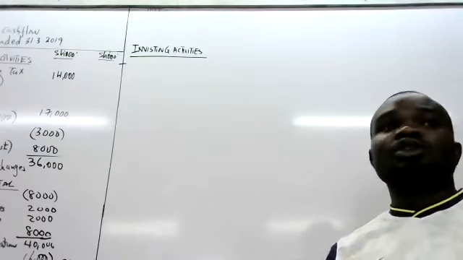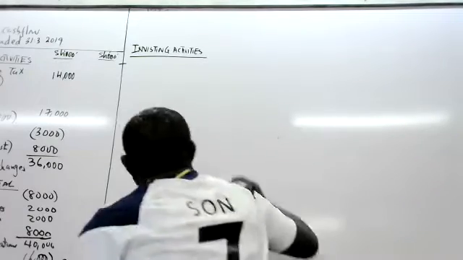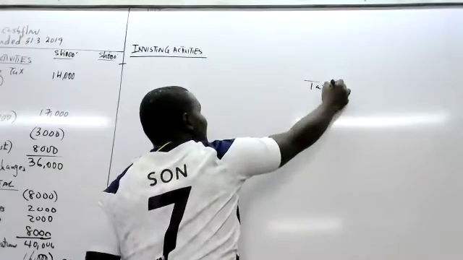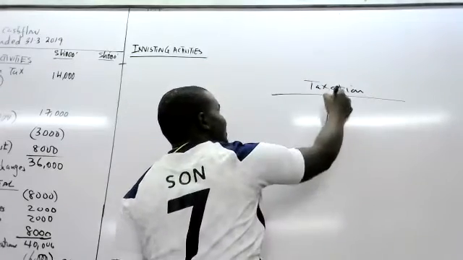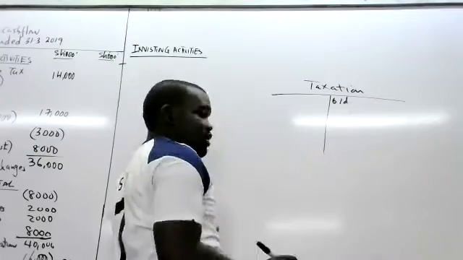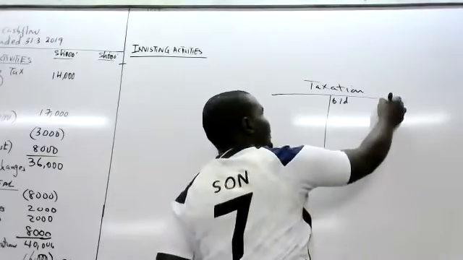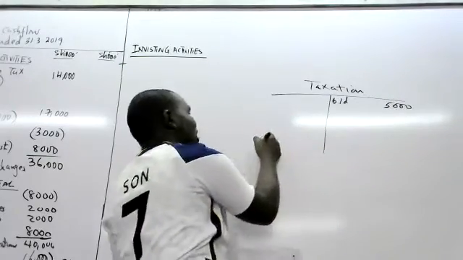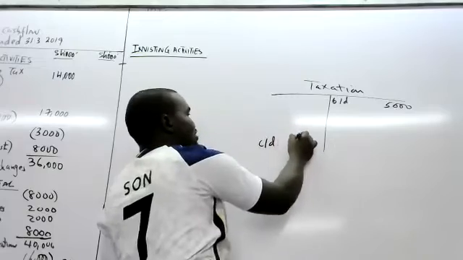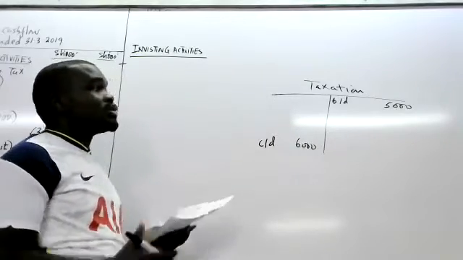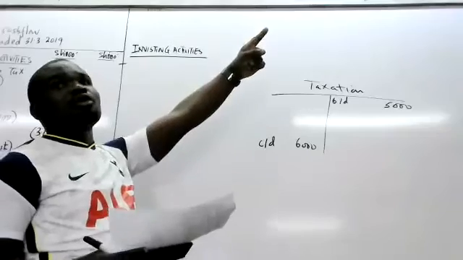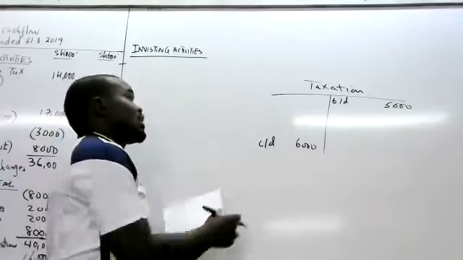So if you do the taxation account, what was the opening balance? Liability which has not been paid, 5. During the year, they paid 6. When you pay, you credit the cash book and debit the tax account.